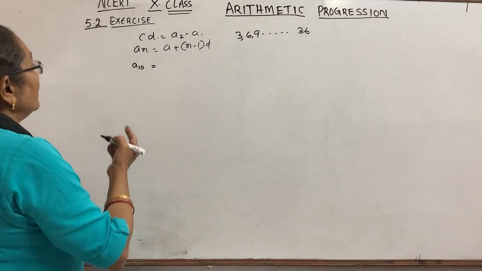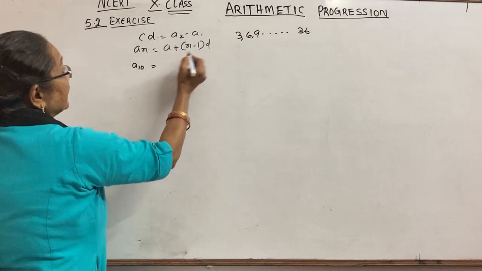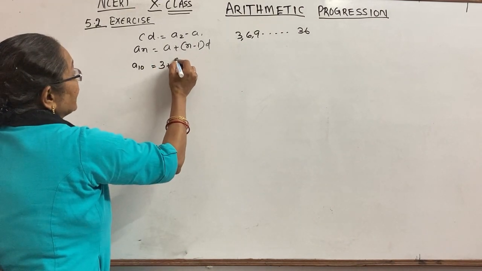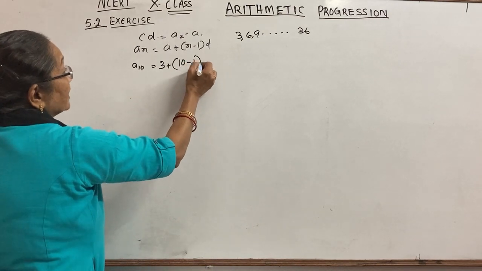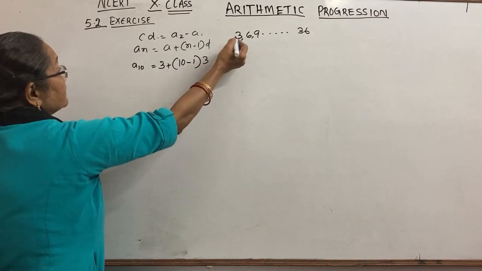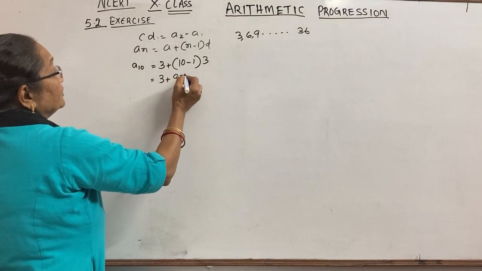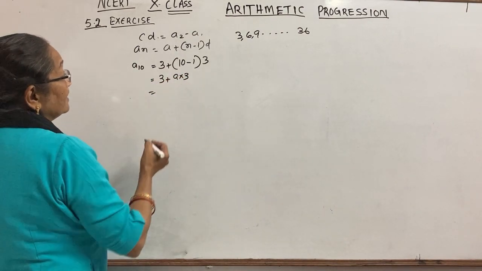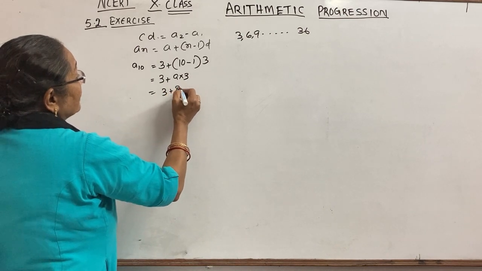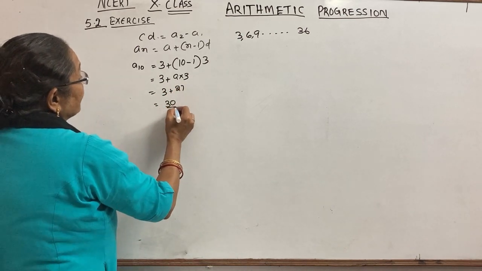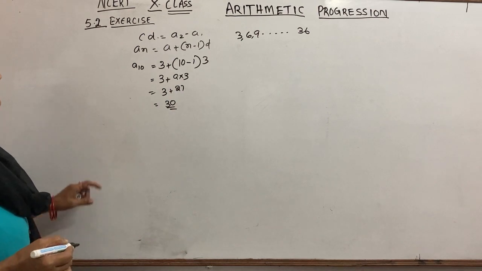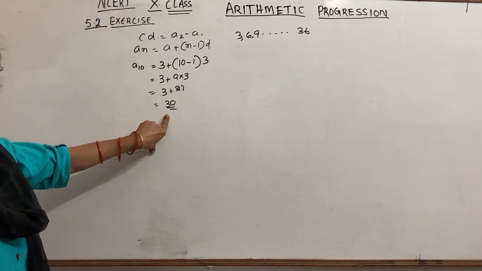So what will you do? A10, that is, A is what? 3 plus n is how many? 10 minus 1. What is our d? 3. 6 minus 3 is 3. So here 3 plus 9 into 3. So 9 3s are 27, 3 plus 27 is 30. So our 10th term is 30, isn't it?